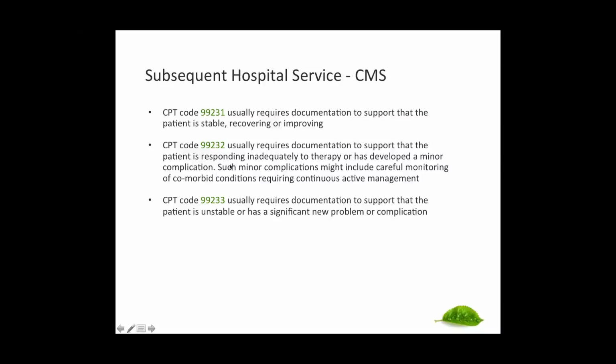And then this level 2, maybe the patient's not adequately responding to treatment or has a minor complication. Where these level 3s, subsequent, are really confined to those unstable patients or maybe something new, or just very complicated. So I like this slide in that it just talks more about what do you have first, and does the documentation match behind it?